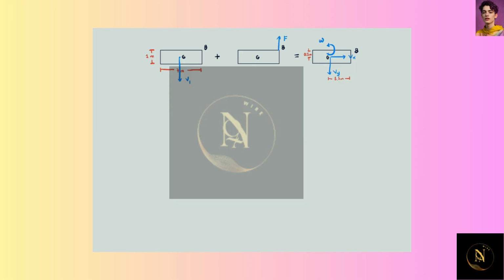v2 squared, the final velocity squared, equals the initial velocity squared plus 2g times the displacement. Since it was dropped, the initial velocity is 0. So v2 is equal to the square root of 2g times the displacement.